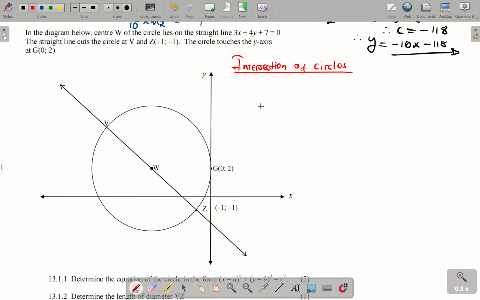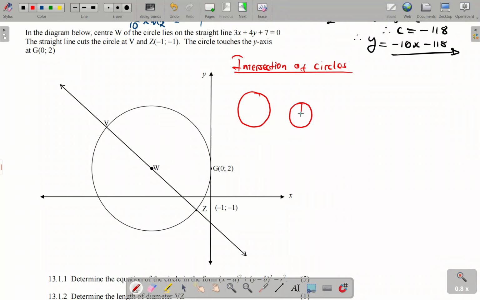So now, let's say you have a circle like this, and then another small circle like that. Let me try again. So you have something like this.